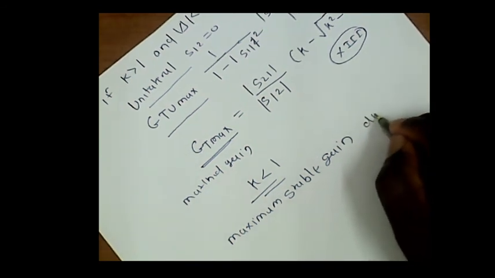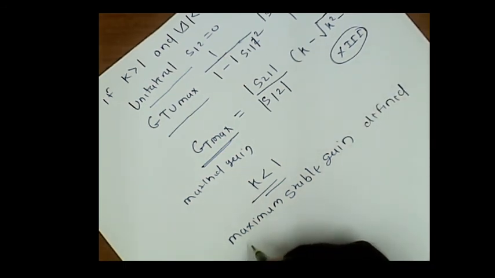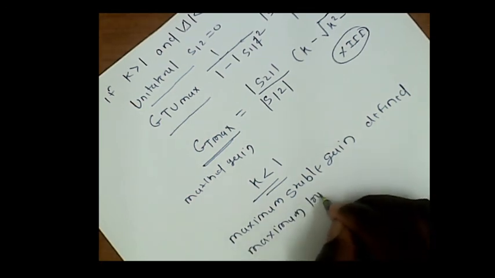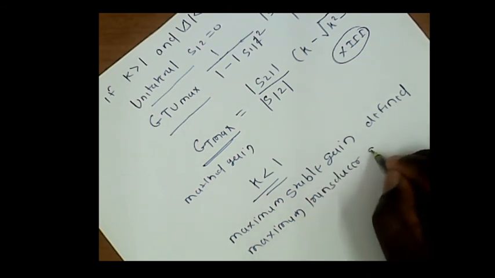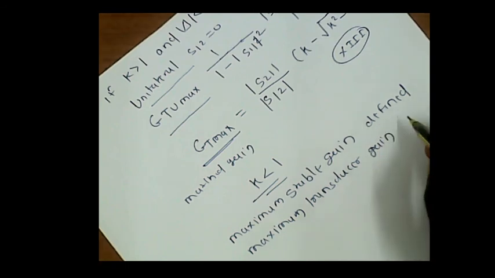The maximum stable gain is defined as the maximum transducer gain with K equal to 1.